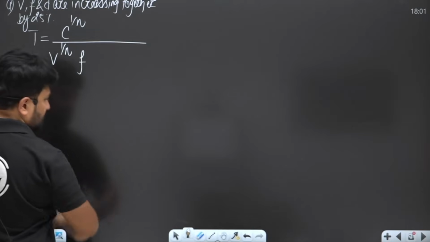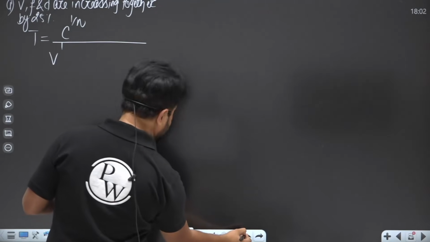V to the power 1 by n, feed. What is n here?